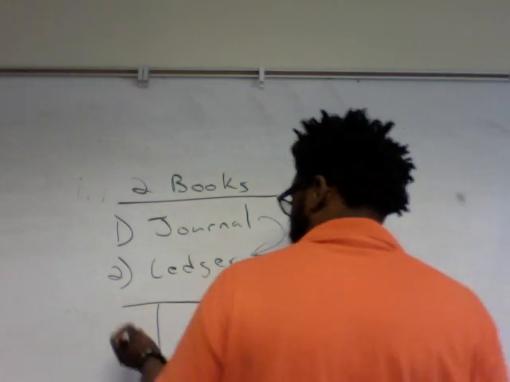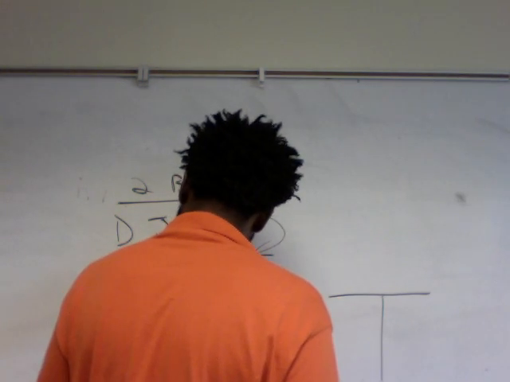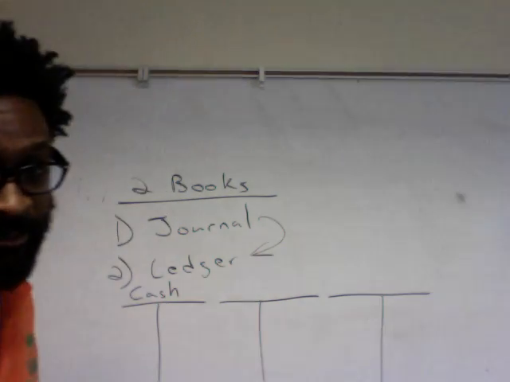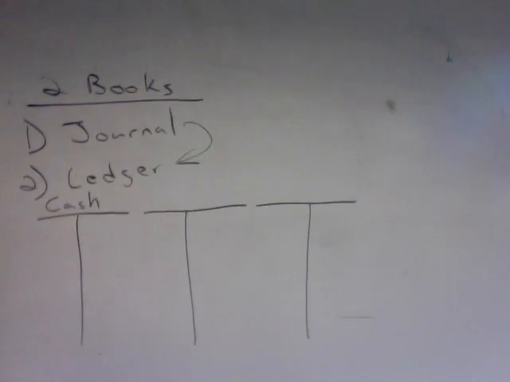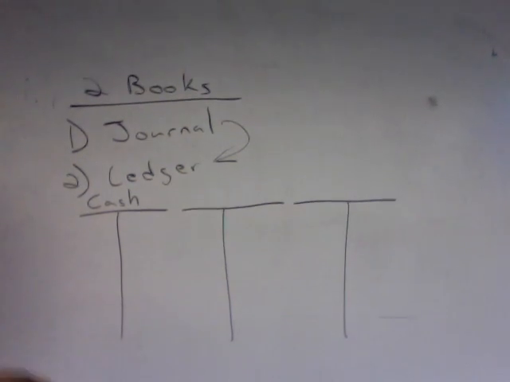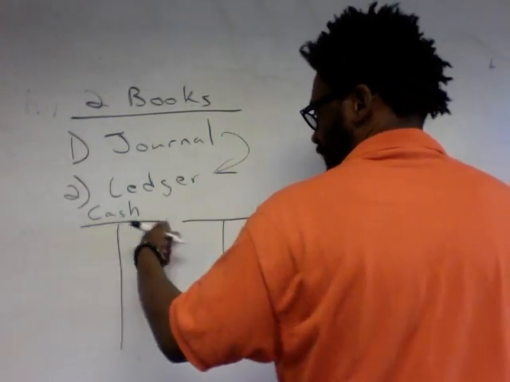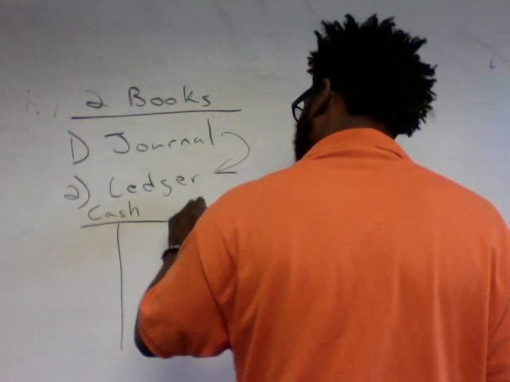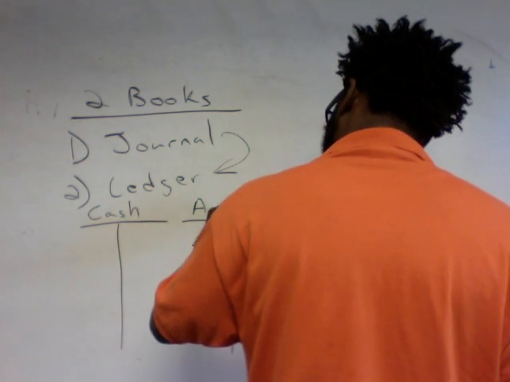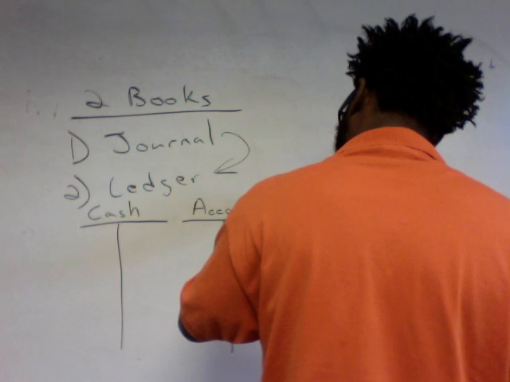So for example, if we were to open up the ledger, you would see a series of different accounts, and each account would have its own T account. Why are they called T accounts? Because they look like T's, obviously. So cash is an asset. Let's say accounts payable. Keyword payable, it's a liability.